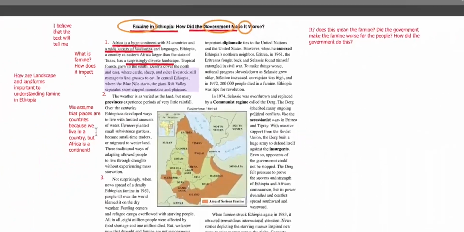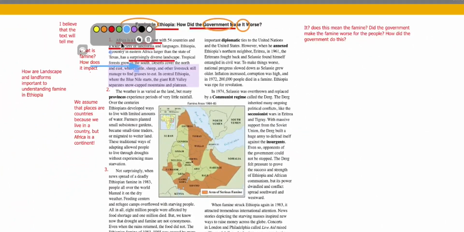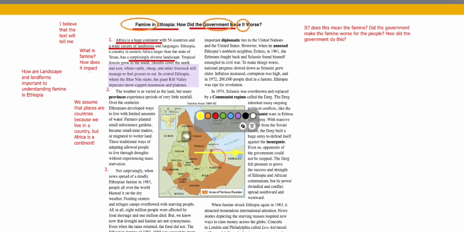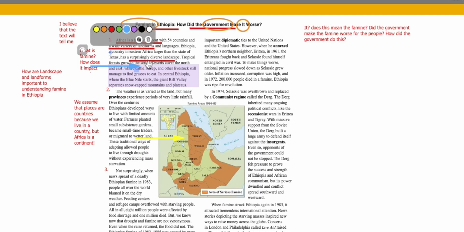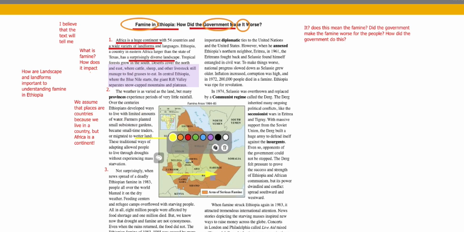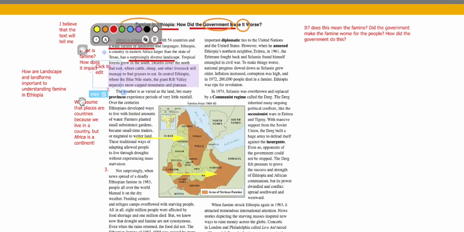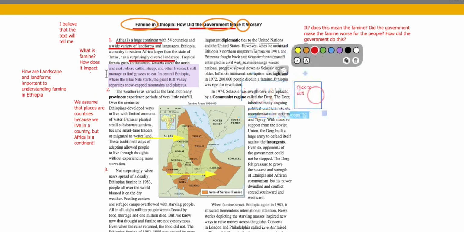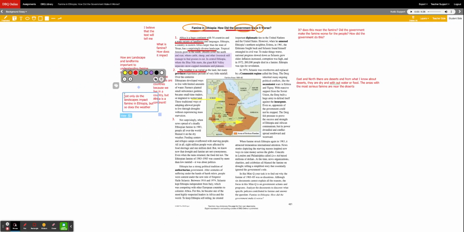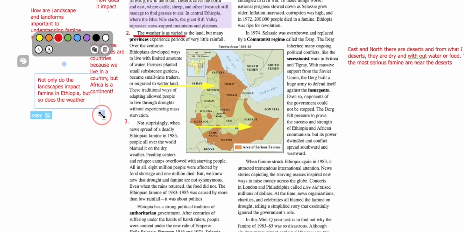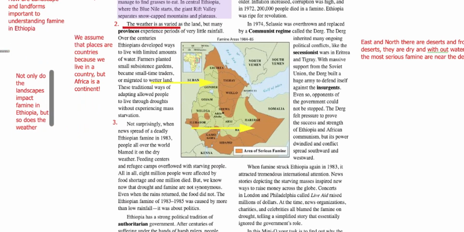I'm going to make note of that, because always remember that this graph is here to provide you with information as well. They place it there so that you can clarify your thinking and make connections. So far, are we hearing any information about how the government is impacting Ethiopia?